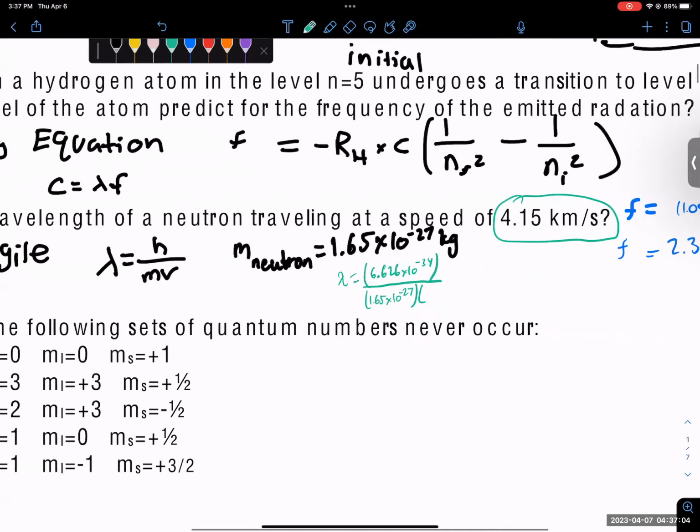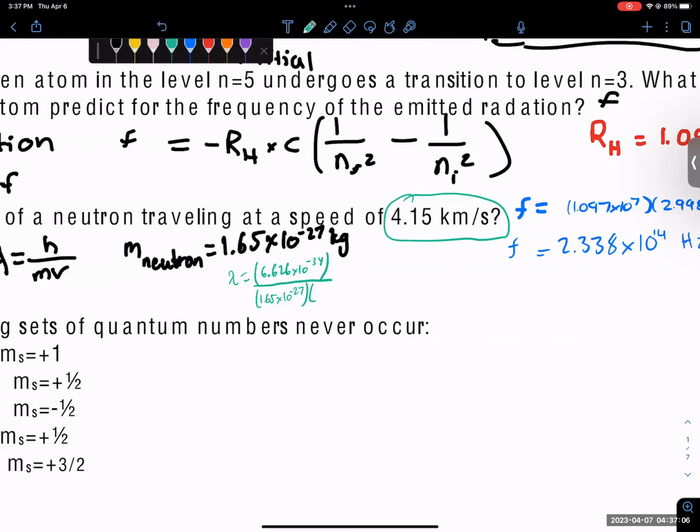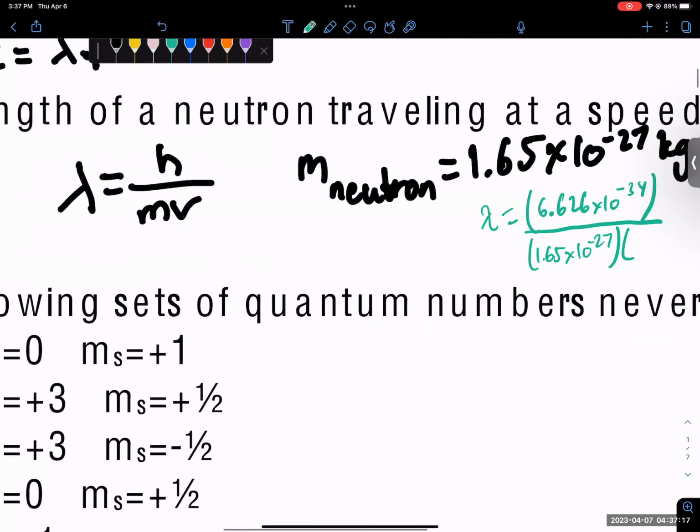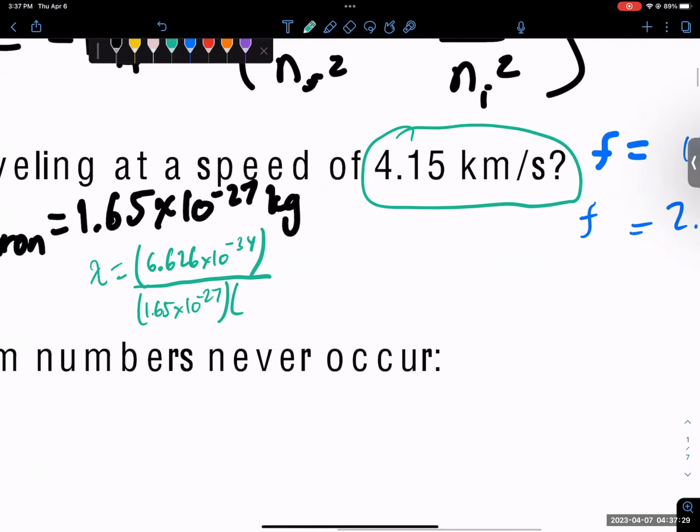And we notice here that we have a speed of 4.15 kilometers per second. Is that the unit we want the speed in? What units is velocity in? Is it kilometers per second, furlongs per second? Meters per second, right? So we need to convert 4.15 kilometers per second to meters per second.